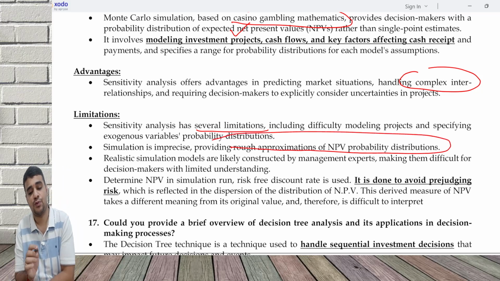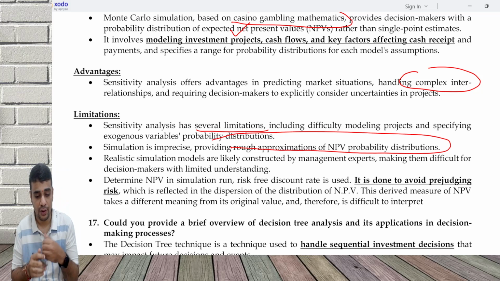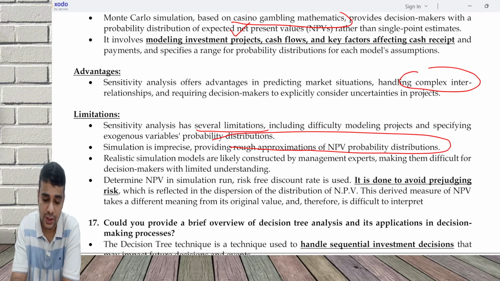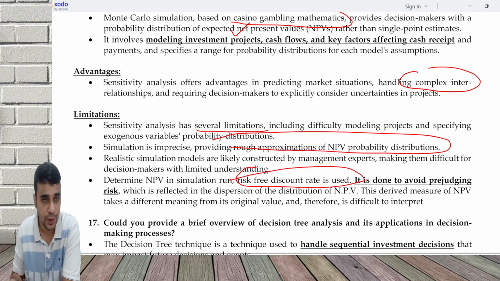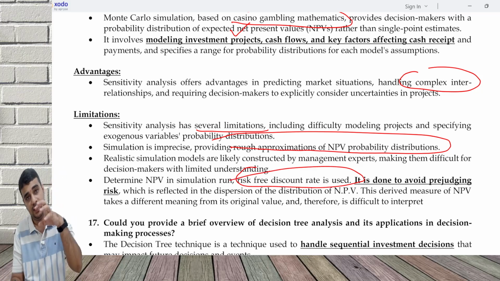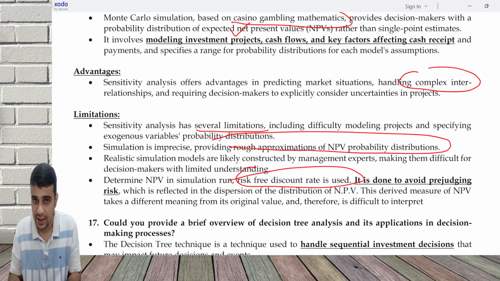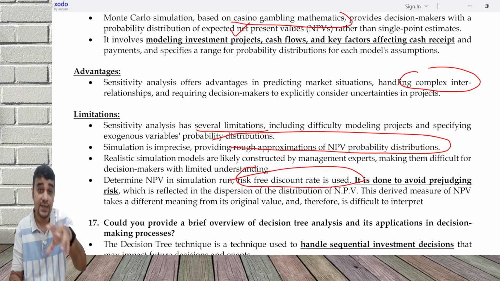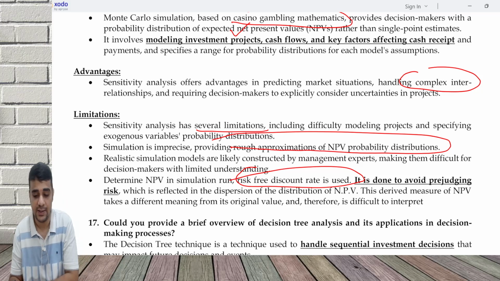Many a times, when you are trying to do NPV in simulation, you are using a risk-free discount rate. But in the practical world, you cannot use a risk-free discount rate for evaluating a project, because real NPV depends on the risky discount rate.